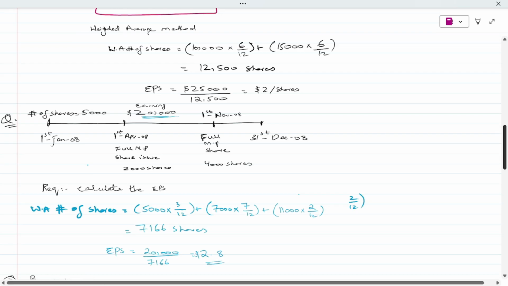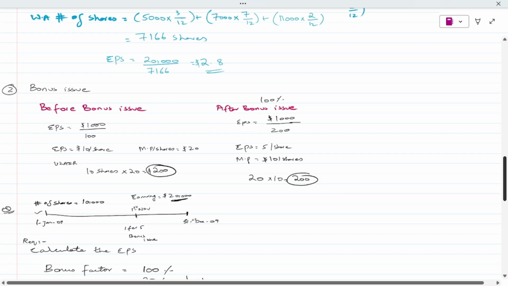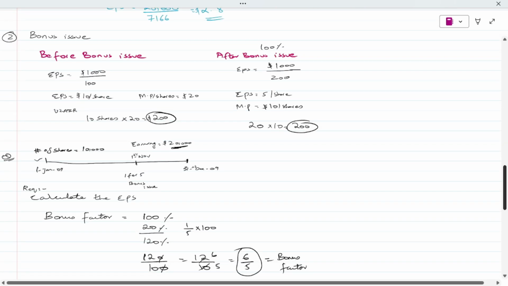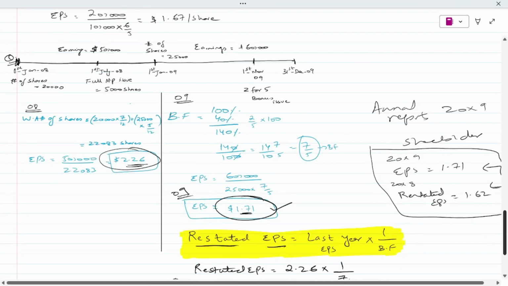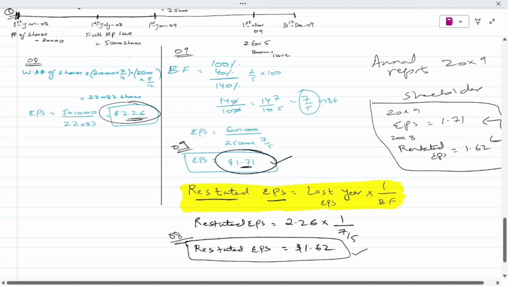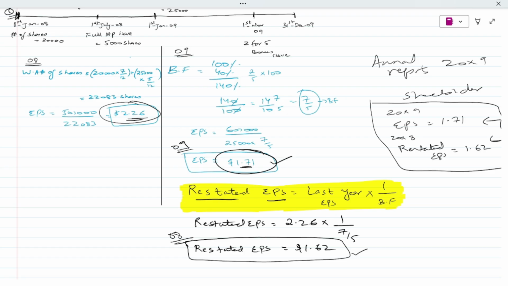How to calculate EPS for a full market price issue. Then we looked at the bonus issue. What is the concept behind bonus issue? Then how do you calculate the earning per share in a bonus issue? And then we looked at what is restated EPS and how to actually calculate restated EPS and what is the purpose of restated EPS. So we had a look at the complete picture in a way that makes sense, I hope, right? So that is it for today's class.